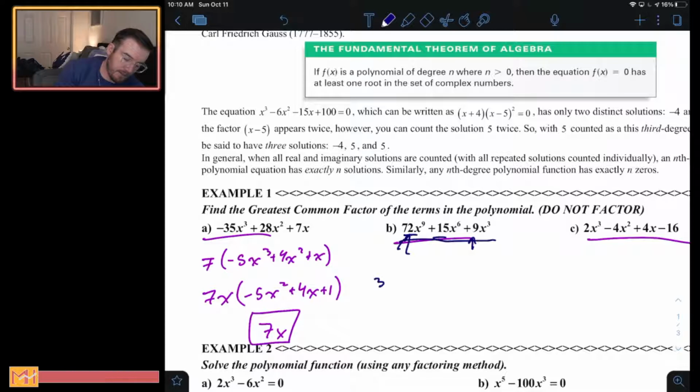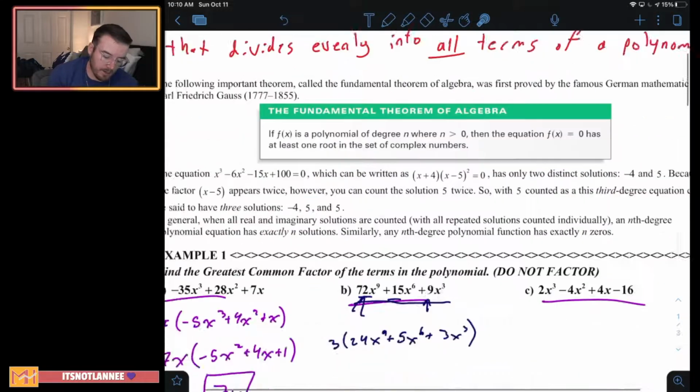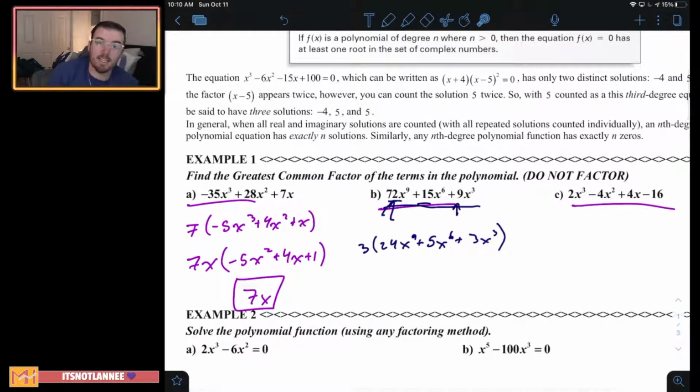Are they all divisible by 3? Yes. When you factor out a 3, you're left with 24x to the 9th plus 5x to the 6th plus 3x cubed. So we found the biggest number, but what about these x's? Well, this has 9, 6, and 3. What's the largest variable power? x to the third.